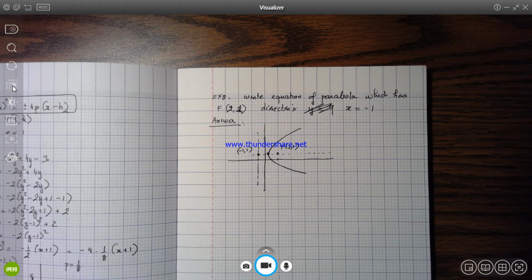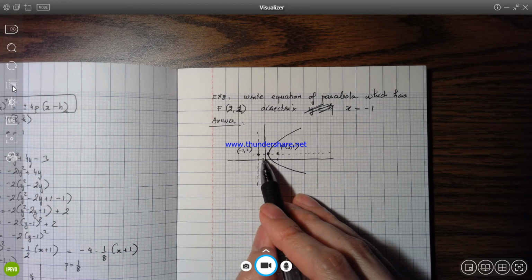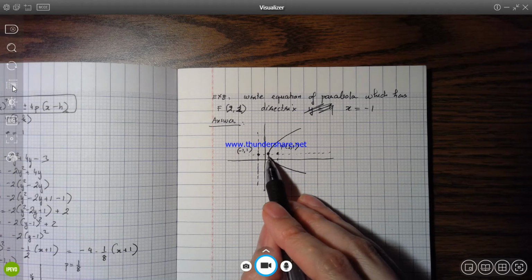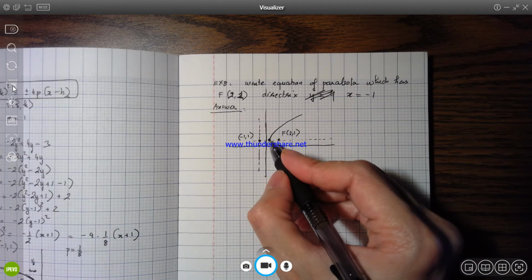So we can find the midpoint, and the midpoint is the vertex.